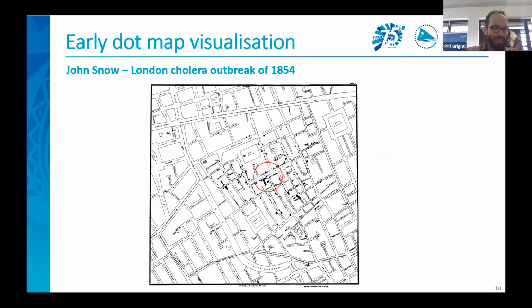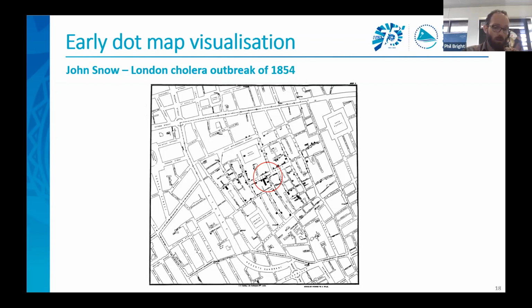This image is a little bit hard to see, I apologize, but some of you may recognize it. This is a map that was produced by John Snow, who was a medical doctor, in 1854 in regards to the London cholera outbreak. At the time, not a lot was known about cholera. What John did was he plotted on a map of London the locations of the water pumps and also the locations of the outbreak, so infected cases.